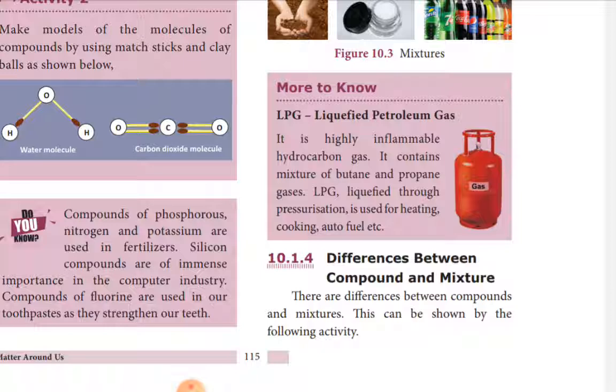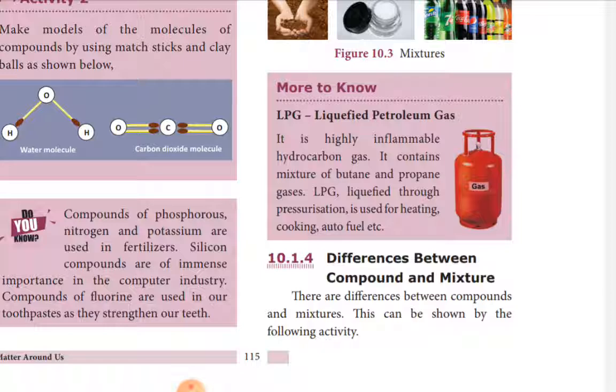The gas is compressed by applying pressure and turned into liquid. The liquid form of gas is filled in cylinders and supplied for consumer purposes. So this LPG, liquefied petroleum gas, constitutes mainly two elements, propane and butane.